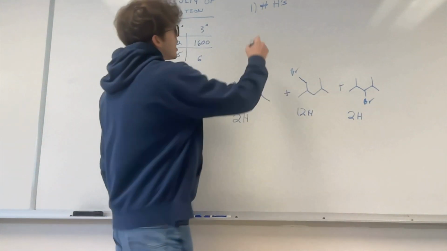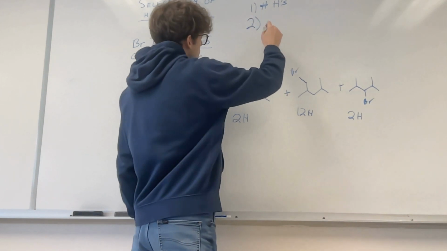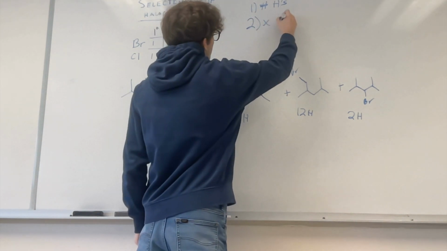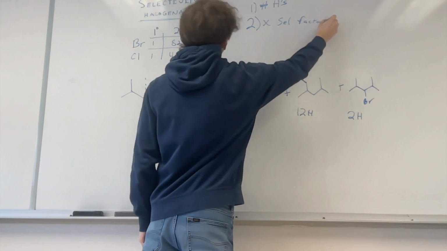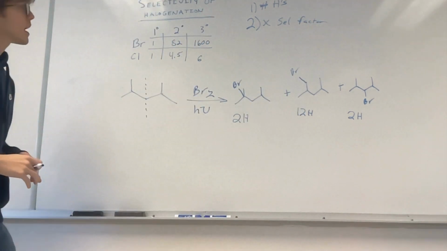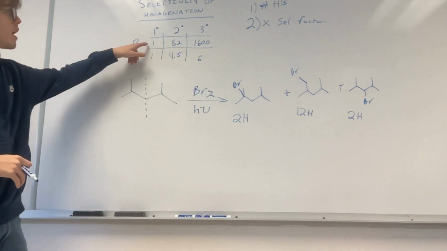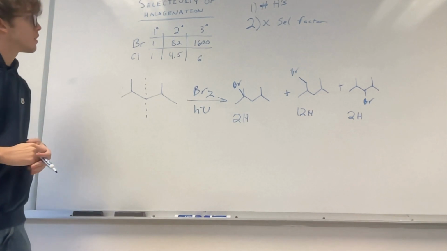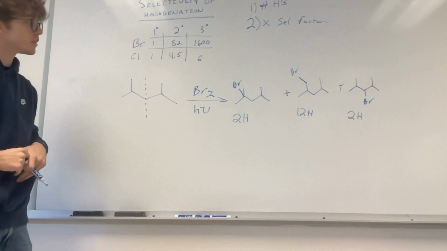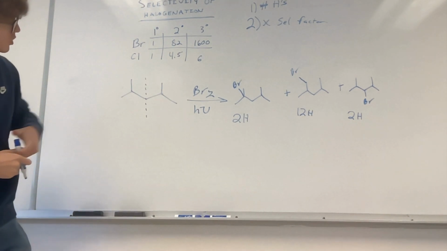Step 2 of these problems is to multiply by selectivity factor. So our selectivity factor says, okay, for every primary, we'll make 82 secondaries and 1,600 tertiaries. So we'll start with tertiary.